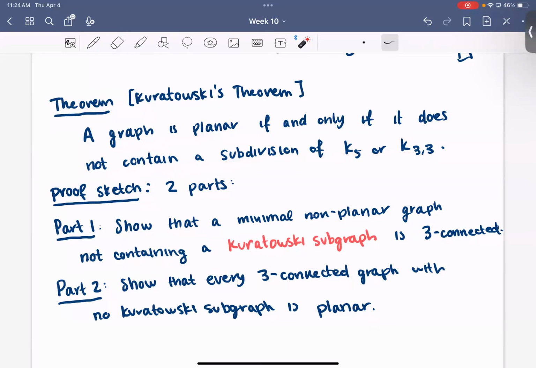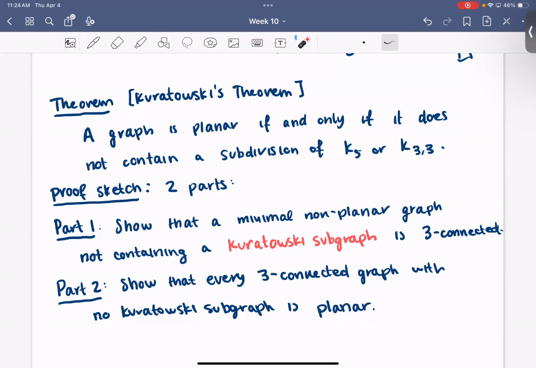So step one, show that if you don't have one of these and you're minimally non-planar, then you have to be 3 connected. And then show that if you're 3 connected and you have no such subgraph, then you have to be planar. Okay, so those are the steps. Does that make sense? Are there questions?